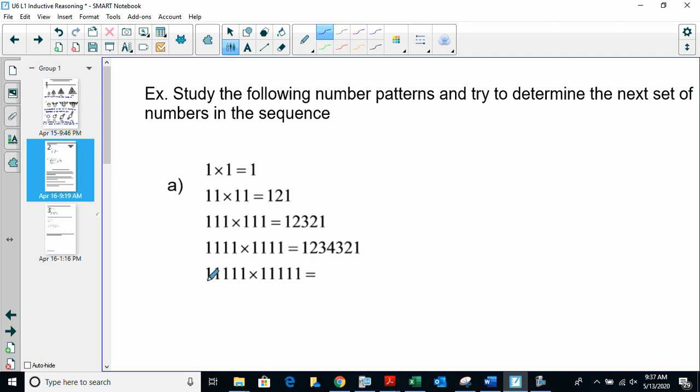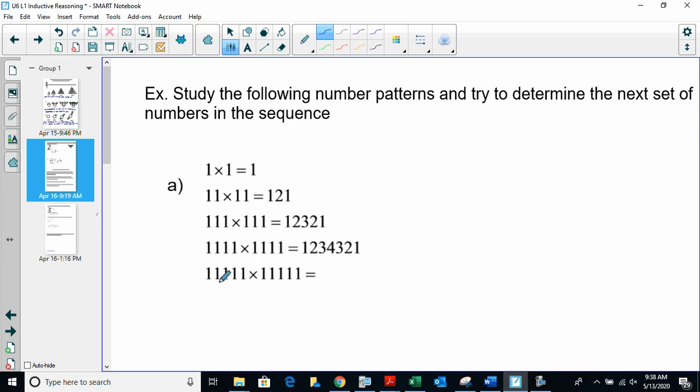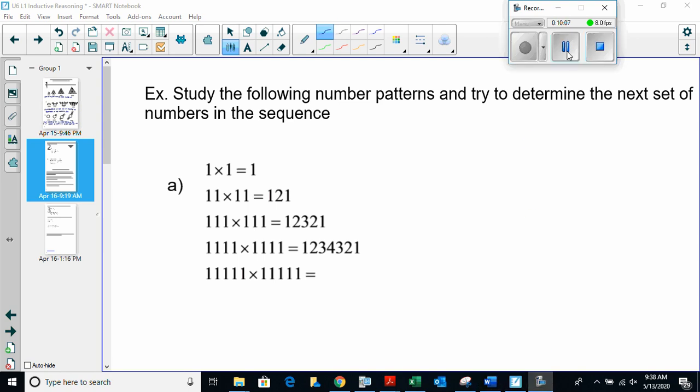And now what is your prediction here if we multiply 11111 by itself? I will stop for 1 second and then you can tell me what it is.